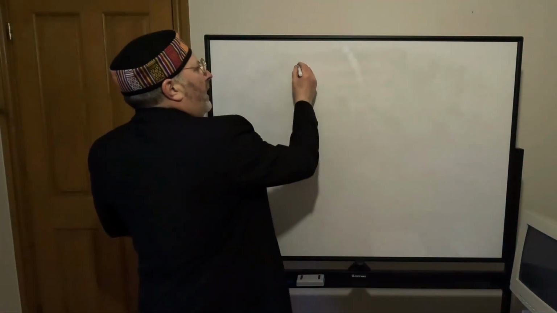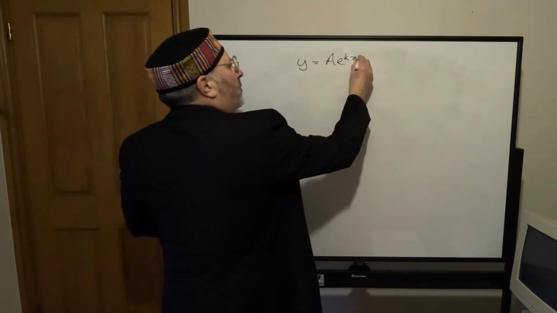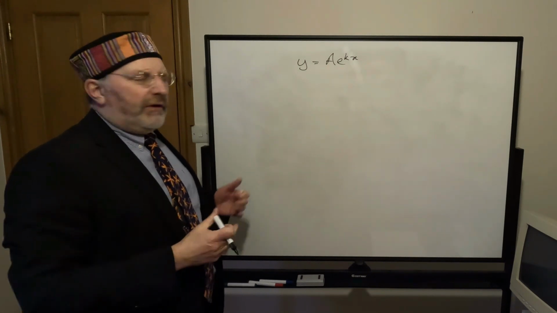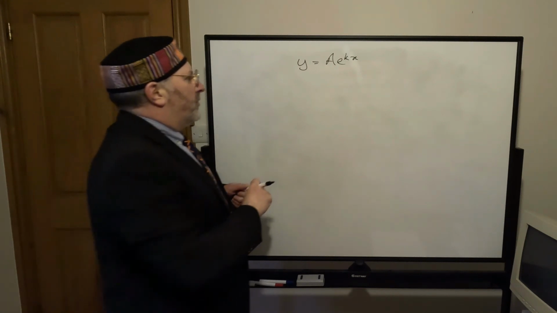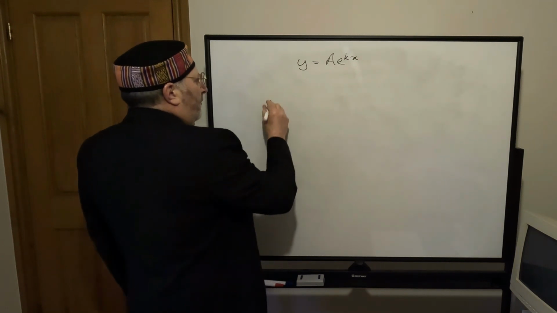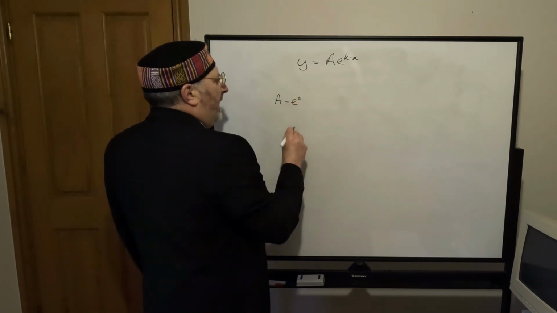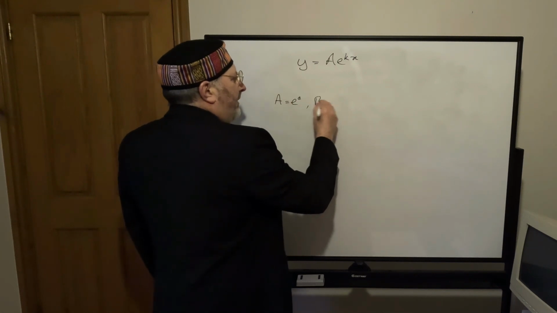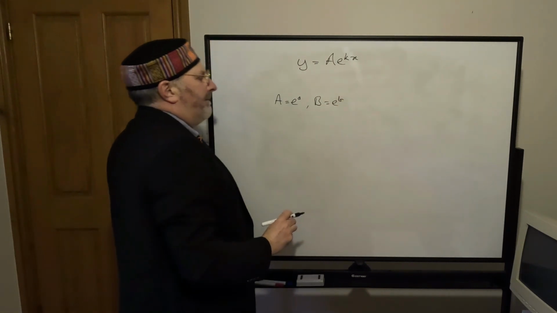Okay, now let's think about what happens if we have data that obeys this equation, y equals ae to the kx, and we plot it on a semi-logarithmic graph. Before we do that, I just want to go over something to do with logarithms. So let's suppose we have a equals e to the power of a. This is not the same a, this is just an arbitrary a. And b equals e to the b, little b.